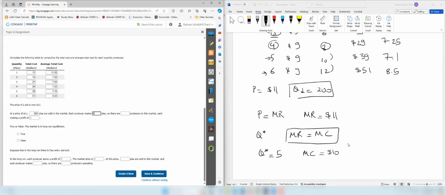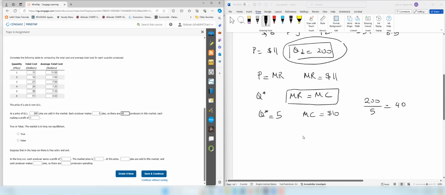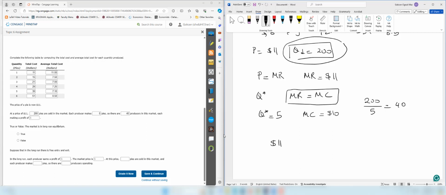Since in this market we are going to sell 200 pies, 200 divided by 5, there should be 40 producers in this market, each making a profit. In order to find the profit, we will first find the revenue. $11 for each pie, times 5 pies, is $55 of revenue.